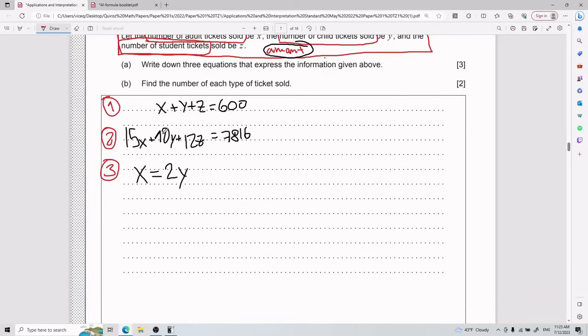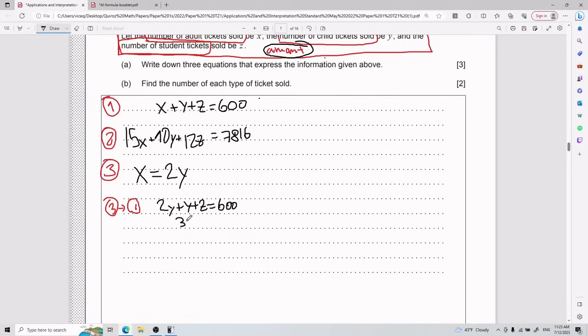So what I'm going to start off by doing, I think would be best, is that we will plug in my third one into my first one. If I plug in my third one into my first one, I end up with 2y plus y plus z equals 600.